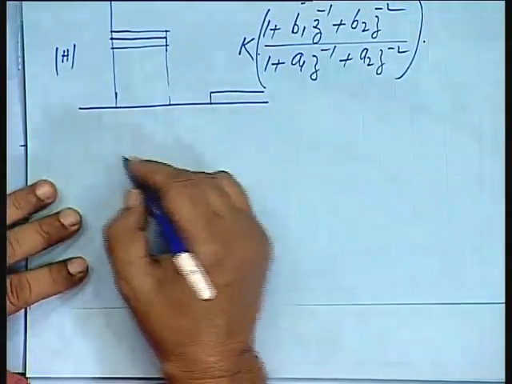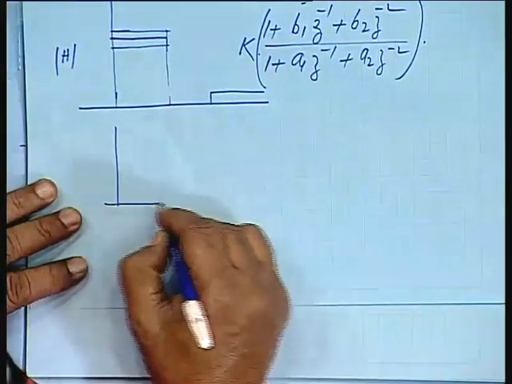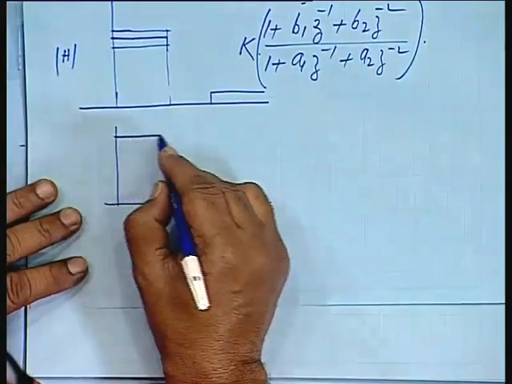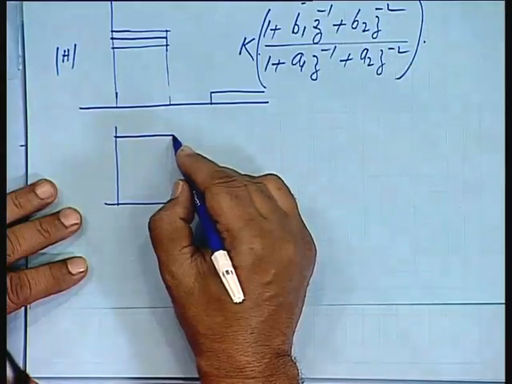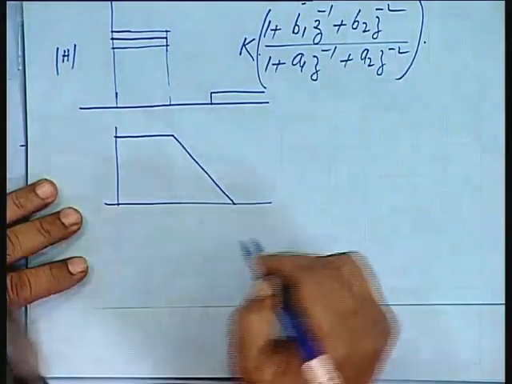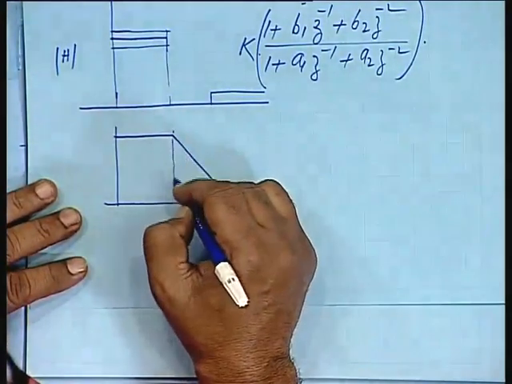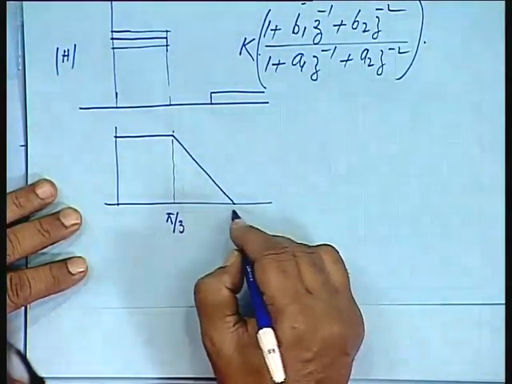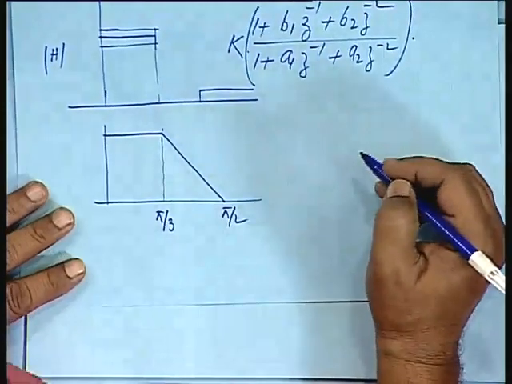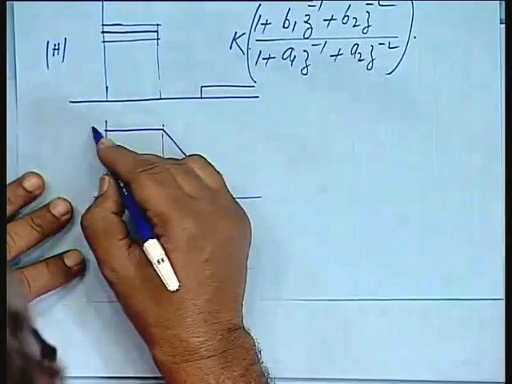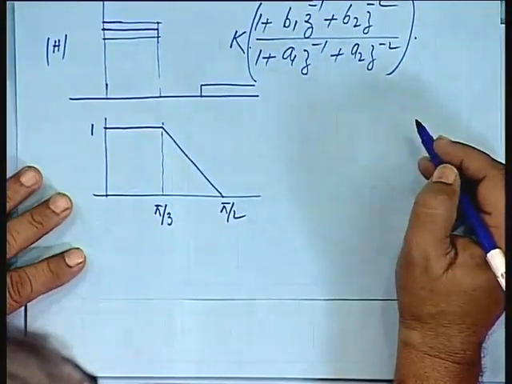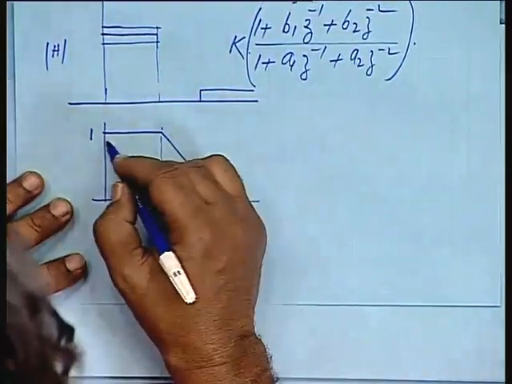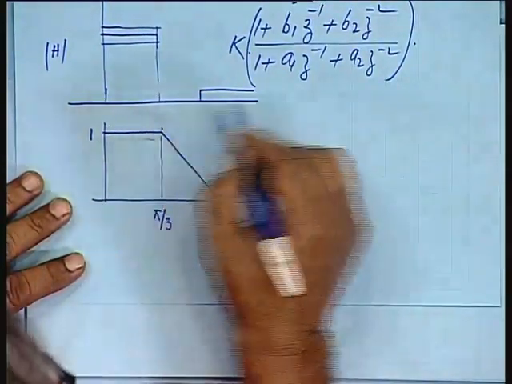Okay. You can take a few standard functions, say maybe this one, take any frequency, say maybe pi by 3 and pi by 2, this is 1. We are not putting any restriction on the tolerance at this stage.